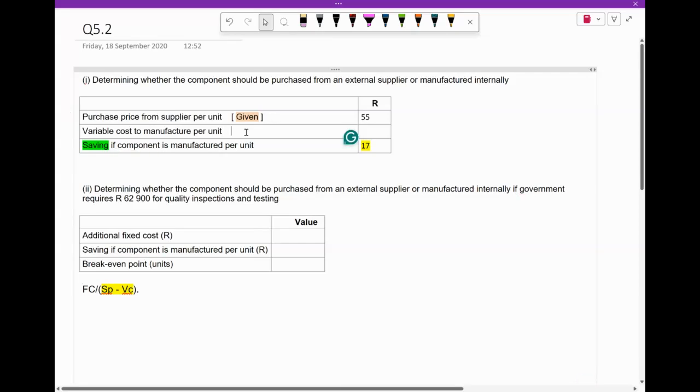There you can see direct materials, obviously. So that's 15 Rand, 50 cents. And then what else? What else must we add to the variable costs of this component?